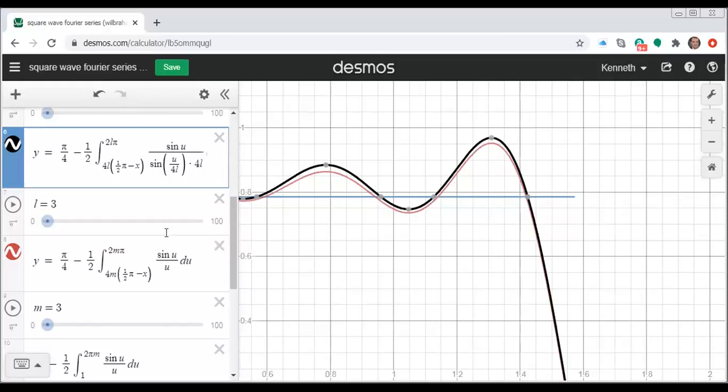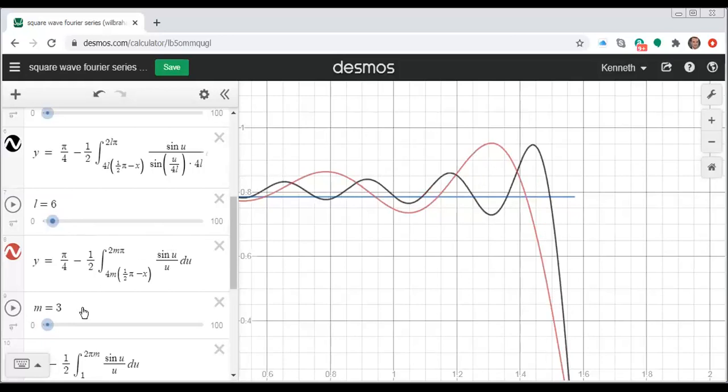Okay, right. So let's play. So let's take n to be a little bit bigger. My sliders are L and M. So L is for the black line. So take L to 6 and take M to 6.